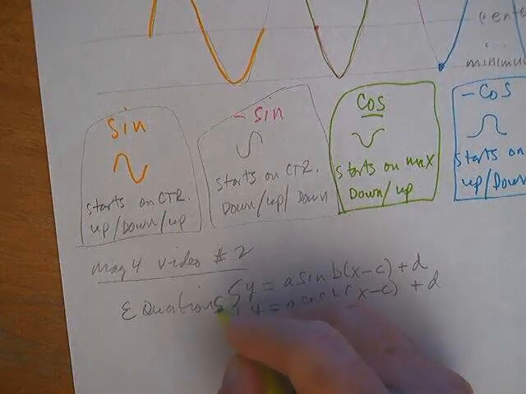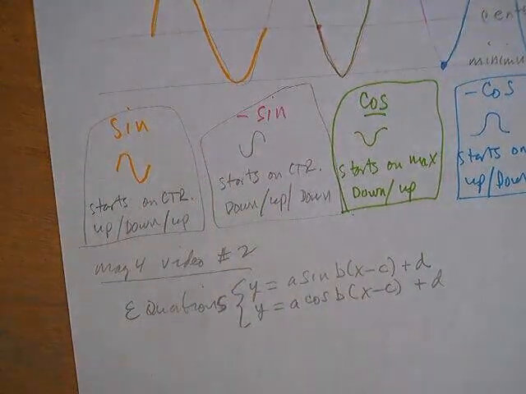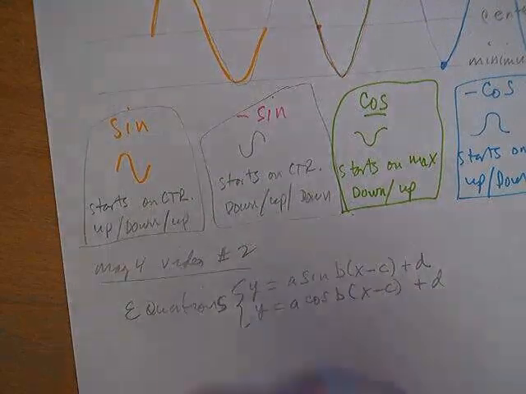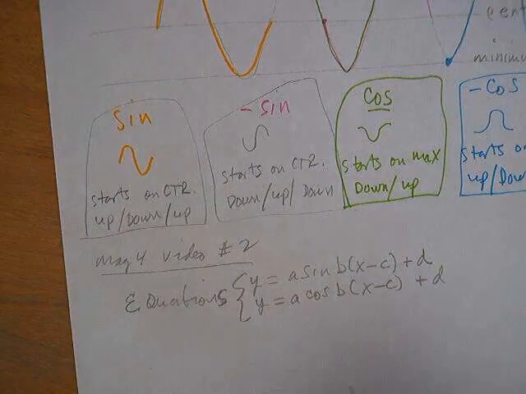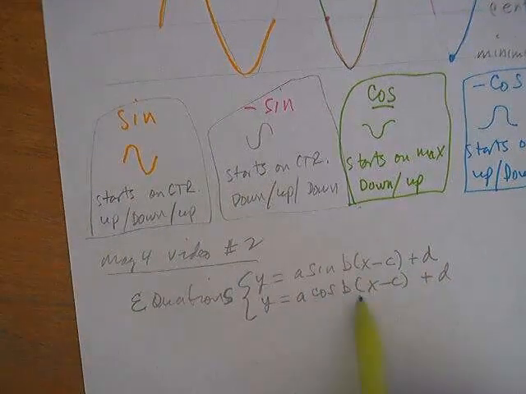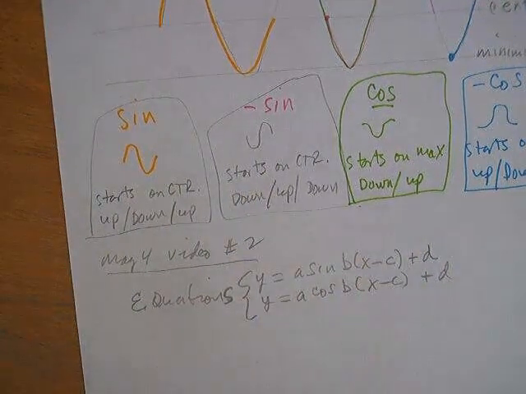So this is "equations" with an S. That means there's more than one of them. And we've got sine and cosine. Now A, B, C, and D are numbers that we need.